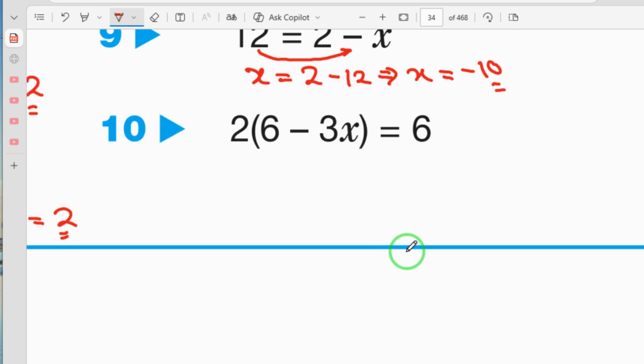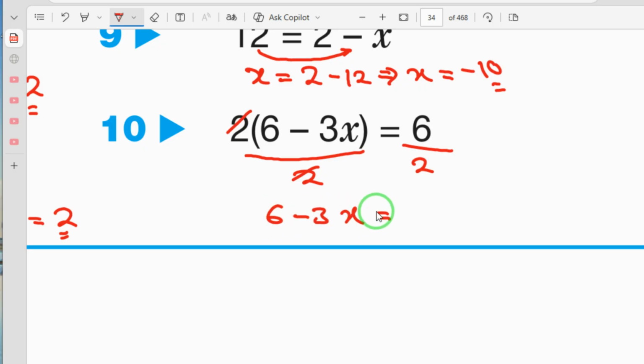Question number 10. First, we divide both sides of the equation by 2. Here we directly simplify, which remains only 6 minus 3x equal to 6 divided by 2, which gives us 3. 1 times 2 is 2, 3 times 2 is 6.